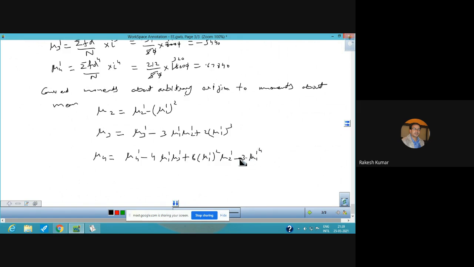So let us use these formulas for calculating the required movements.